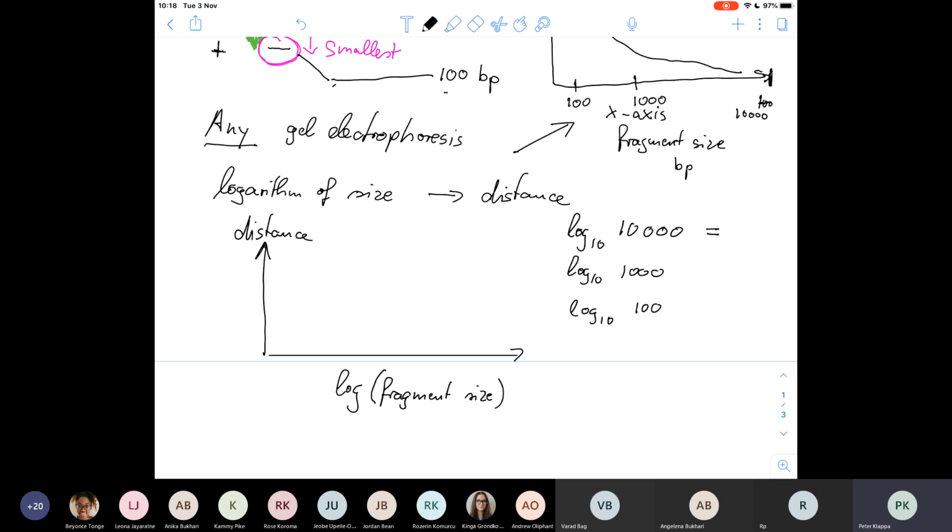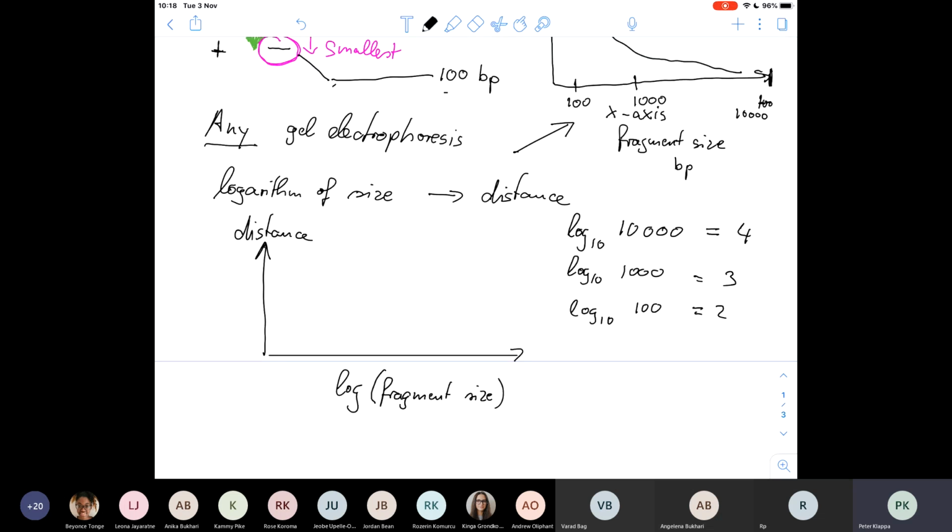Yep, that's right. So we would get 4 for 10,000. It's basically you count the zeros, right? What is logarithm of 1,000? Yep. And I don't ask you for 100.